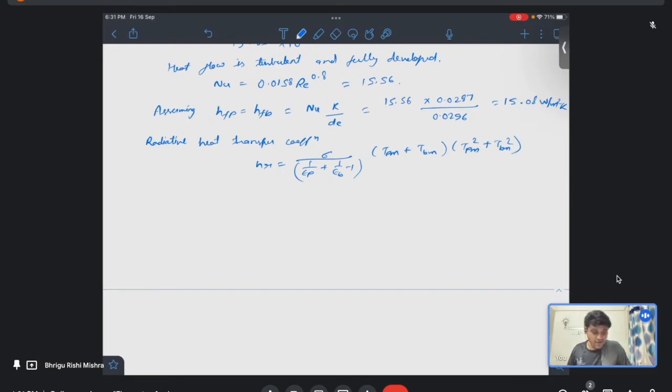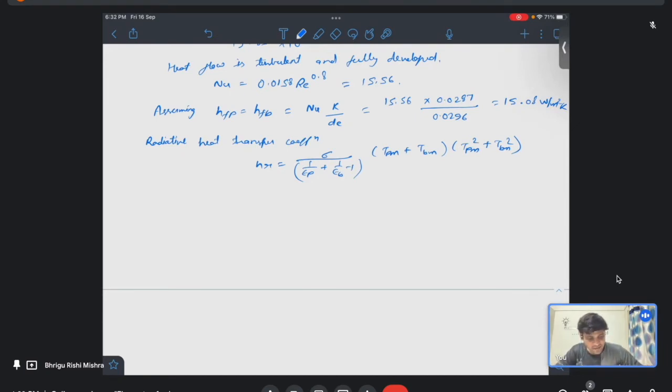Again, we don't have the values of TPM and TBM, so we can assume that TPM and TBM are at mean fluid temperature. That means for this case we can consider TPM and TBM equal to TFM, the mean fluid temperature.